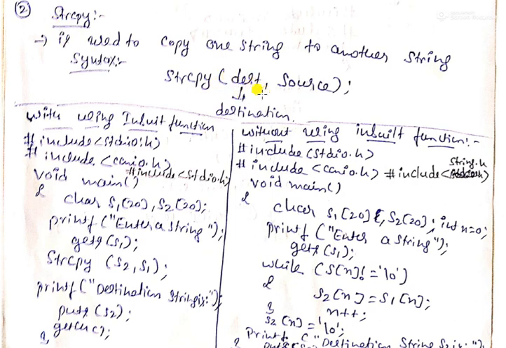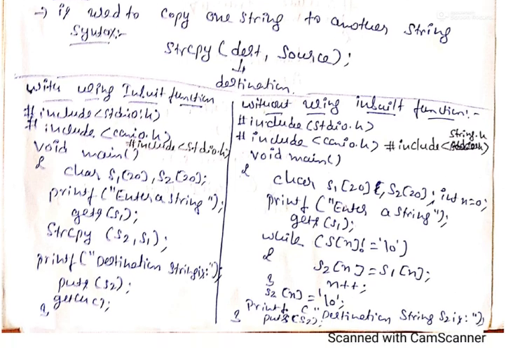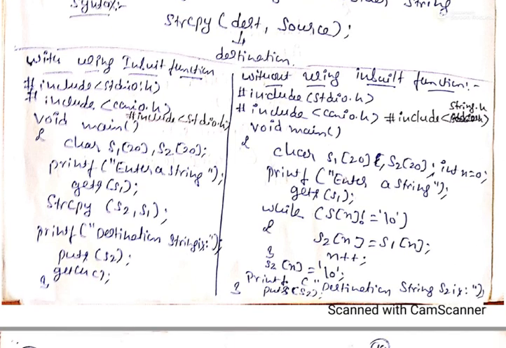The first parameter is the destination address, and the second parameter is the source address. We copy from the source string to the destination string. Inside the parenthesis, you specify the destination string name first, and the source string second.